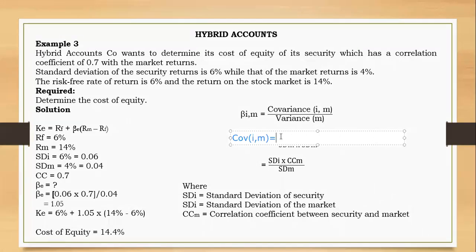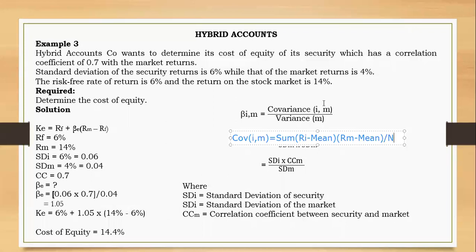Covariance is usually obtained as the summation of the return of the security minus the mean of the security, times the return of the market minus the mean of the market. This is how you obtain it. Then you divide by n, or if you have probabilities you multiply by the probability.